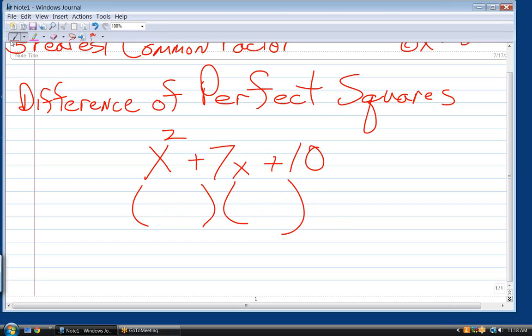There's two types of quadratics. There's quadratics that have a 1 as the coefficient of the x squared term. Those are the easy ones. Any quadratic that has a number other than 1, like 3 or 2 or 6, something like that, those are hard quadratics.